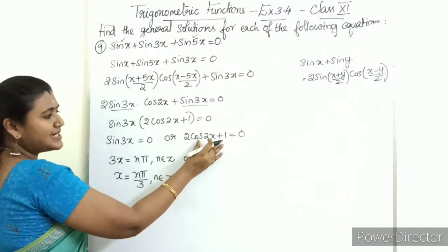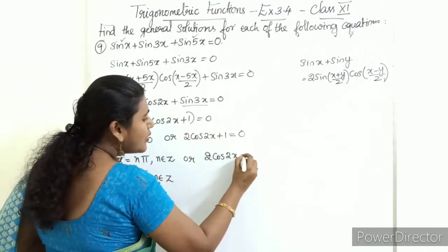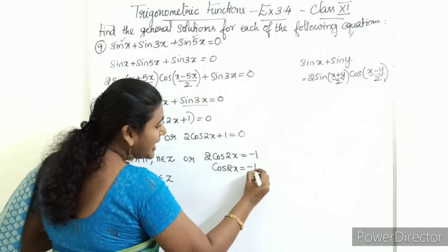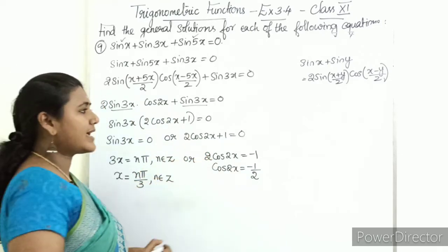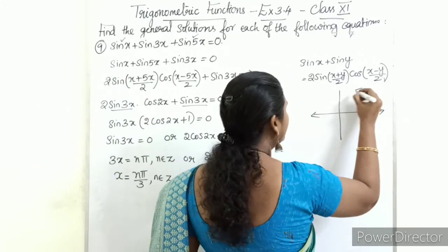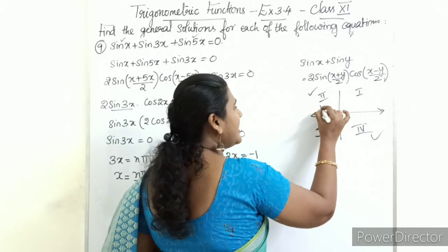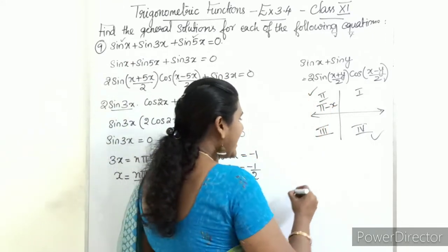Now we will consider the second equation. So 2 cos 2x is equal to minus 1. So what is the value of cos 2x? Minus 1 by 2. So the cos value we got is negative. In which quadrant is the cos value negative? The second quadrant. And in the second quadrant, how will you find the angle? Pi minus x. So first we will find the x value.